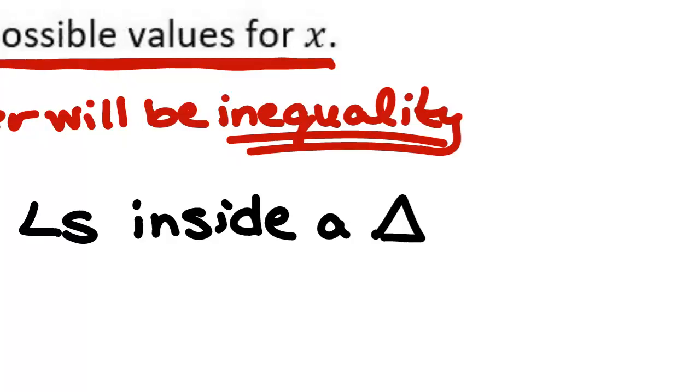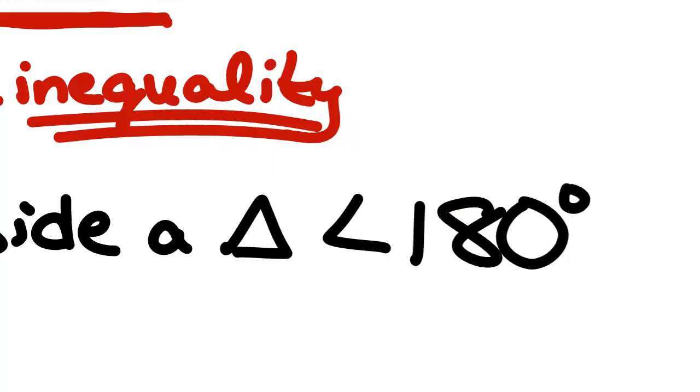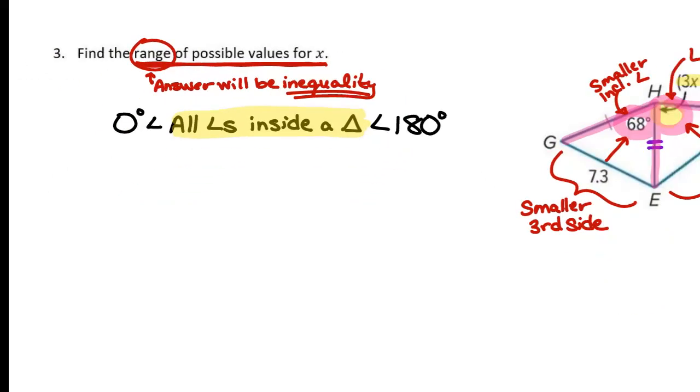They don't have to be smaller than 90, but you're on the right path. 180. 180 is a straight line. That would not be like an angle in the classic sense. So all angles inside of a triangle have to be between 0 and 180. If I can get more restrictive than that as I'm trying to answer this question, I will.